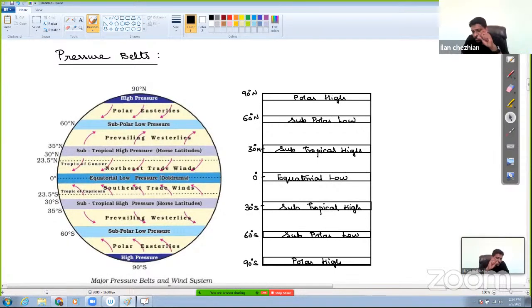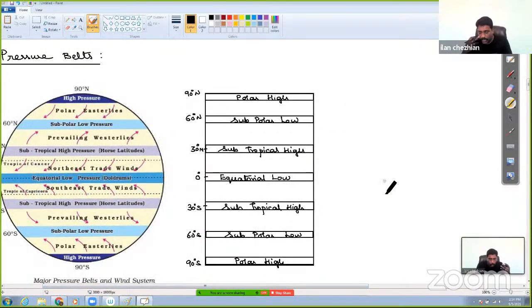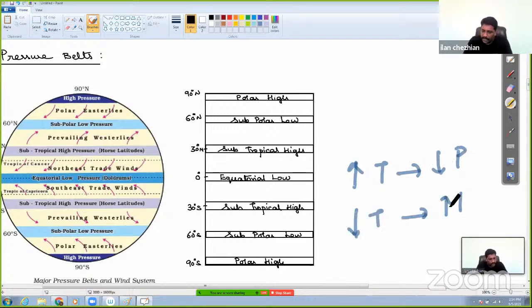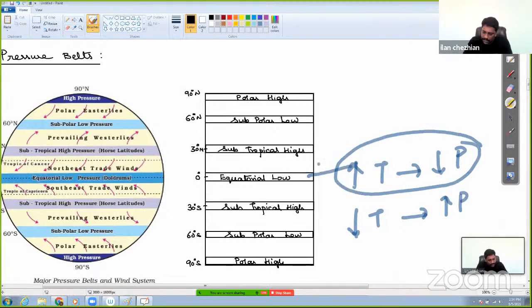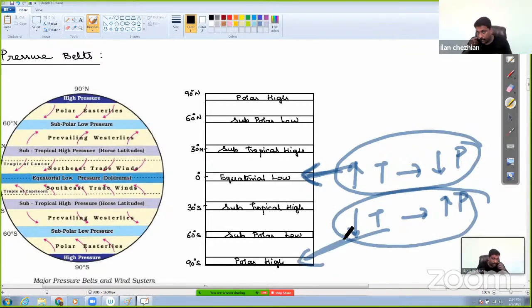They are inversely proportionate to each other. If you have a high temperature, pressure should be low. If you have a low temperature, pressure should be high. High temperature and low pressure works with the equatorial region. Low temperature and high pressure works with the polar region.